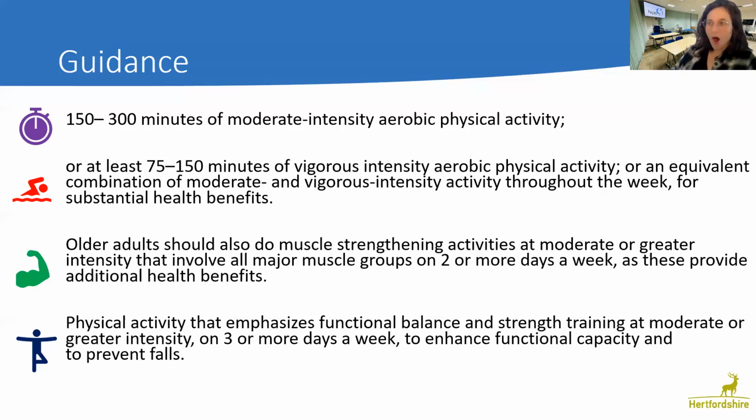In addition, older adults should do muscle strengthening activities on 2 days or more a week. That could include chair-based exercises with resistance bands. But those at risk of falls, we know need to be doing that balance and strength training. So standing up, that coordination, practicing that balance, even if it's just for a few minutes here, a few minutes there, it will add up over time.